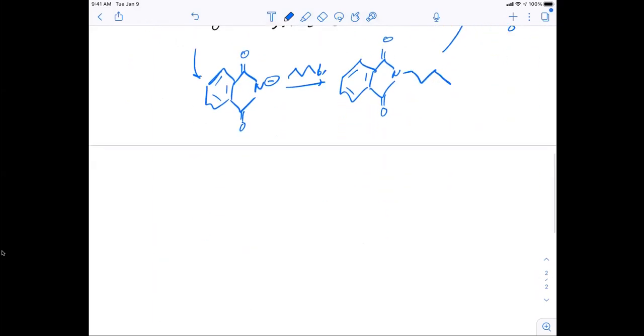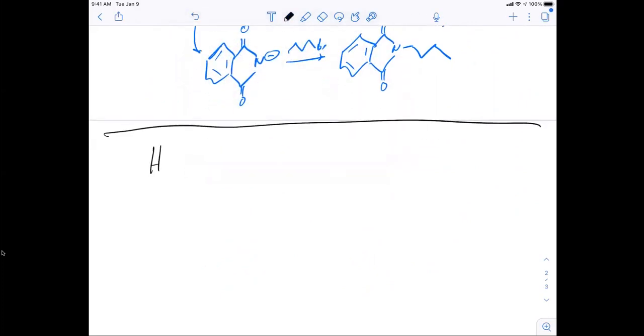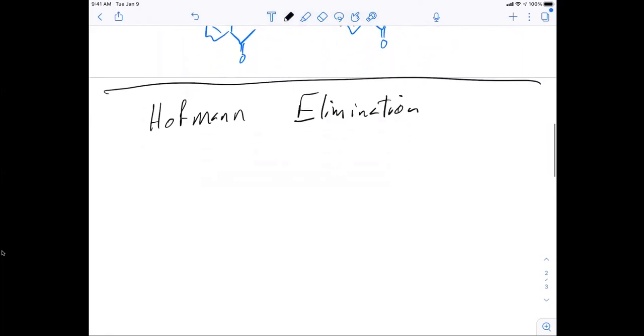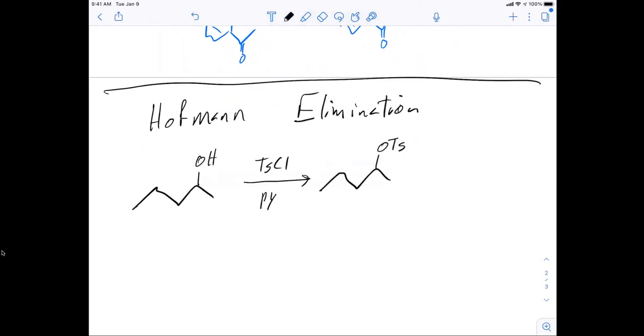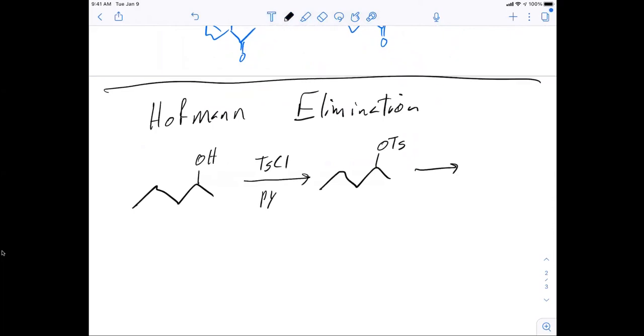Okay. All right, we're going to finish. We're going to get as far as we can to finishing the chapter today. So the next section in this chapter is Hoffman elimination. If we remember, if we have an alcohol and we want to eliminate that alcohol, the first thing we need to do is turn it into a good leaving group. So we could do something like the tosylate, right? And then we could add a base.